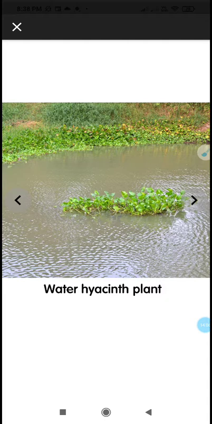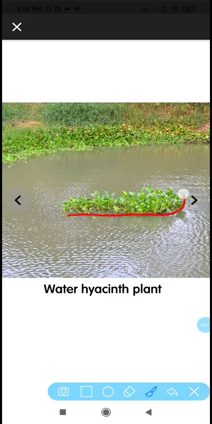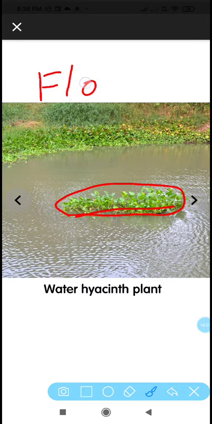Those are water hyacinth. This is one example of water hyacinth. Only the leaves can be seen. Their roots are not visible. Their leaves are floating on the water. That's why they are called floating plants.